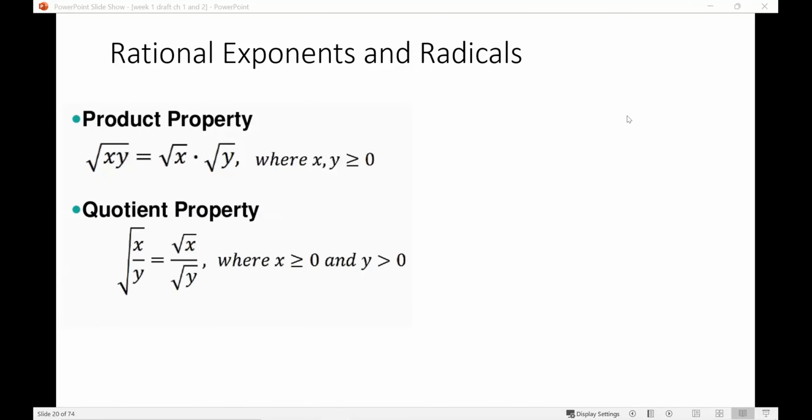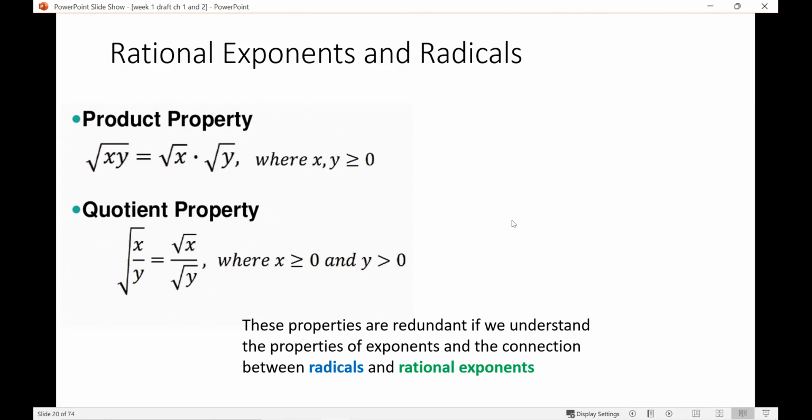So let's go back over the relationship between rational exponents and radicals. Because rational exponents essentially are radicals, we have some of the same properties. We still have our product property for our radicals and our quotient property for our radicals, just like we did for exponents. Really, the properties of radicals and rational exponents are redundant when we understand the connection between the two.